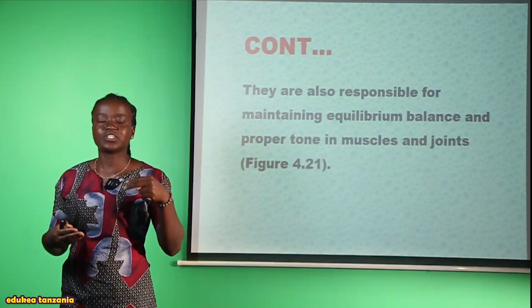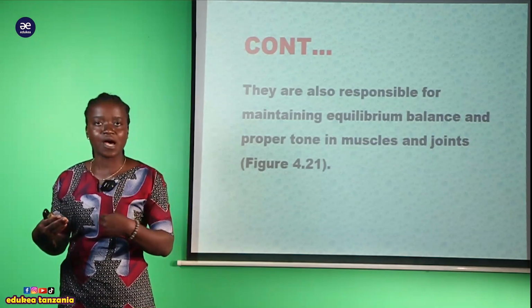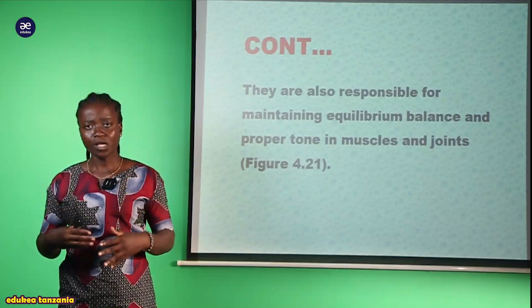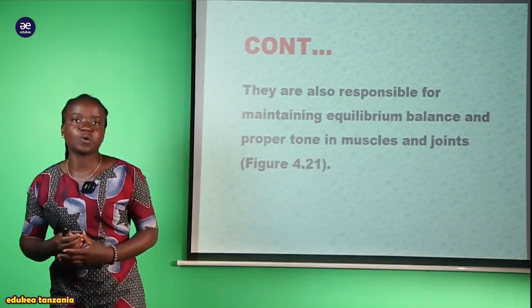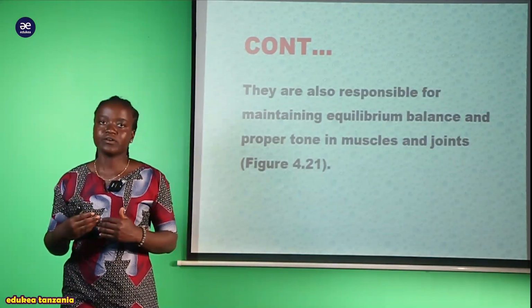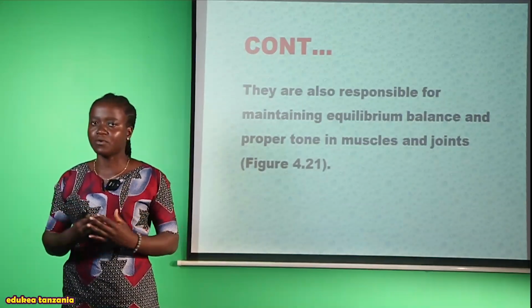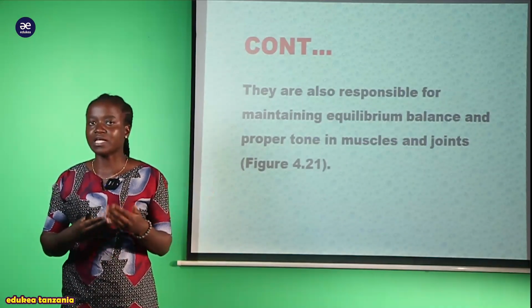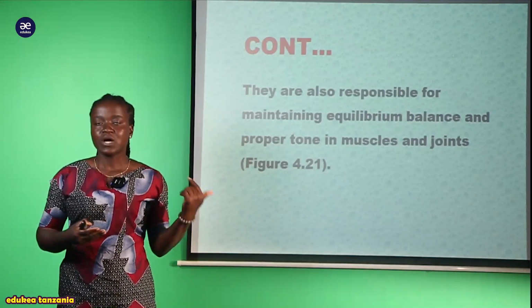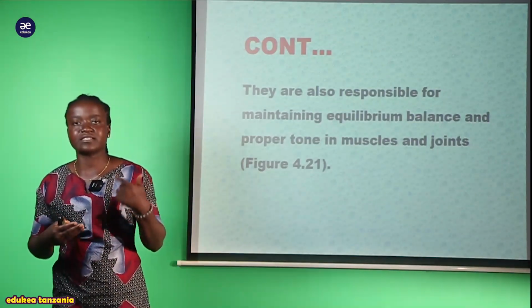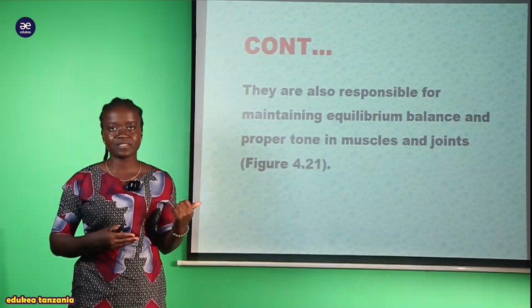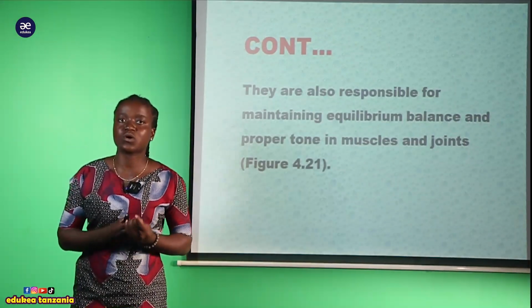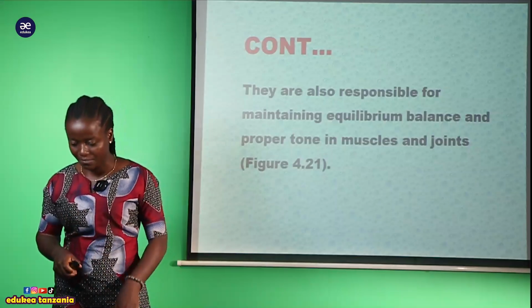Ya kwanza ni kwa ajili ya ku hear different kinds of sound, but also these ears found within an organism are responsible for balancing the equilibrium of the body. We're going to discuss the mammalian ear further, so you will understand. But here you have to know that within your ear there is this receptor, the mechanoreceptor, which helps in detecting sound and also balancing the equilibrium of the body.